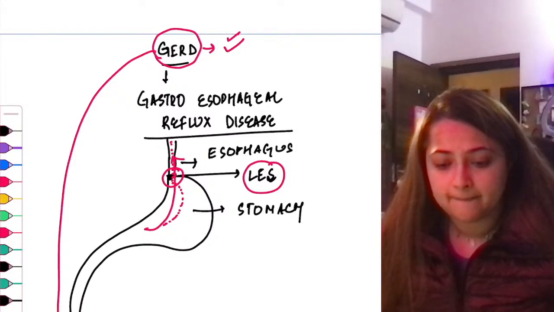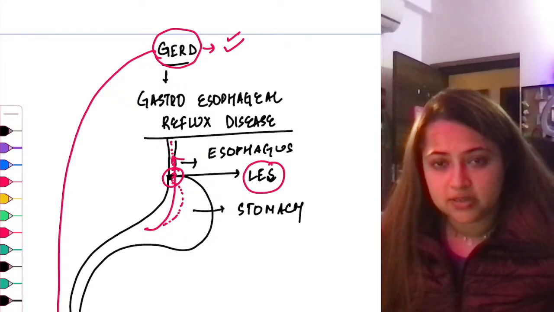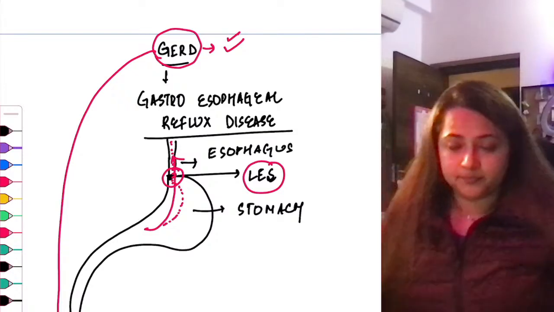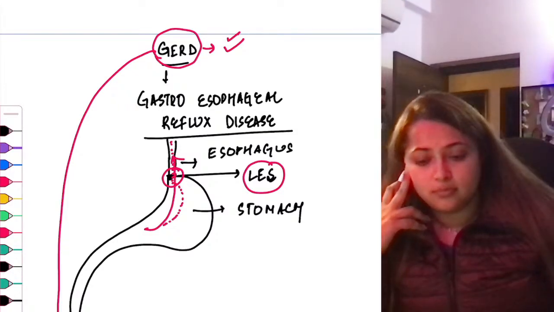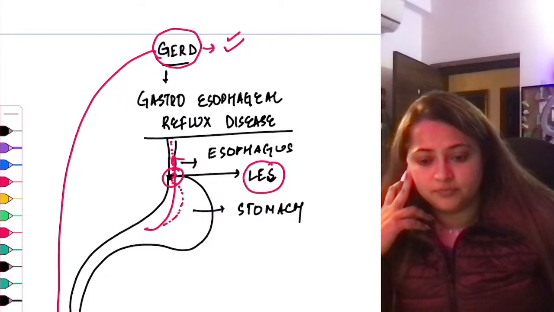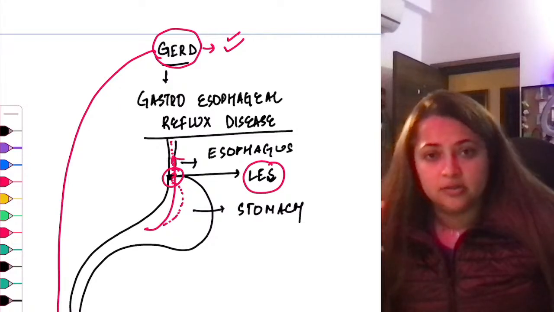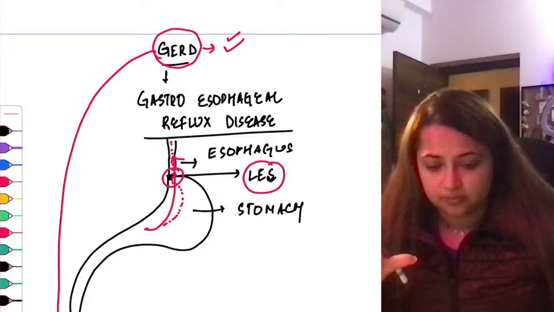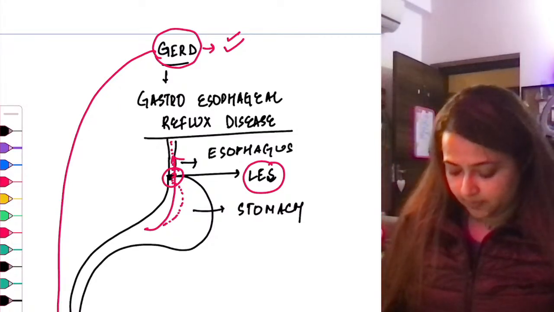What problem could arise in a patient having chronic GERD? Yes. Let me see who can answer this. The answer to this question is there would be a kind of metaplasia.